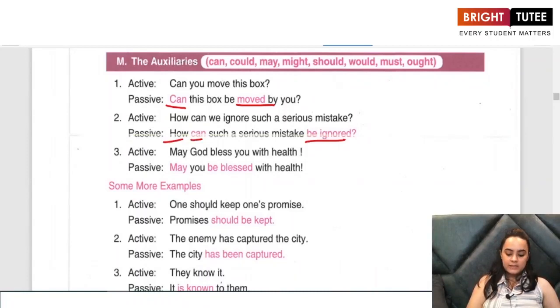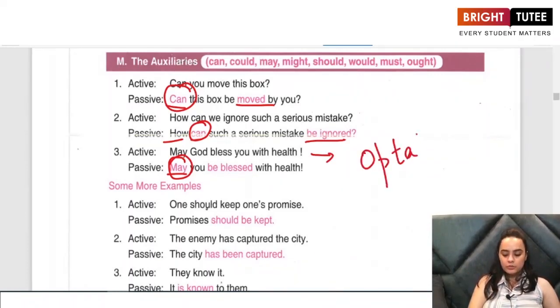May God bless you with health. May you be blessed with health. So as we have read, the auxiliaries will always remain in their original form. They will not change when they are being told or talked about in interrogative sentences, or here we are also giving a wish. These sentences wherein you are wishing something for somebody are known as optative sentences.